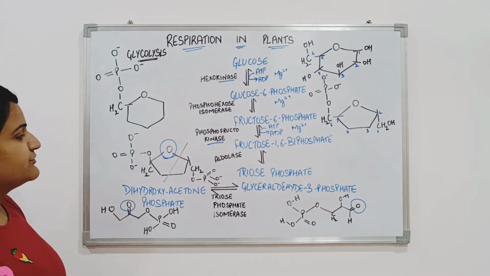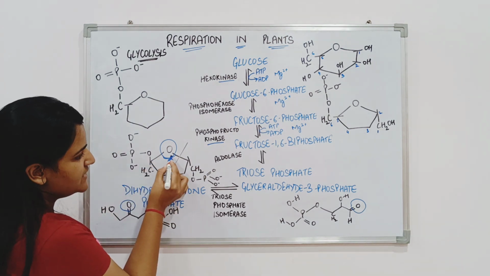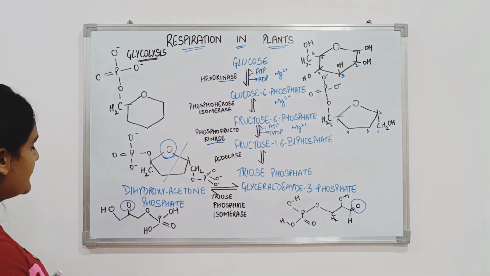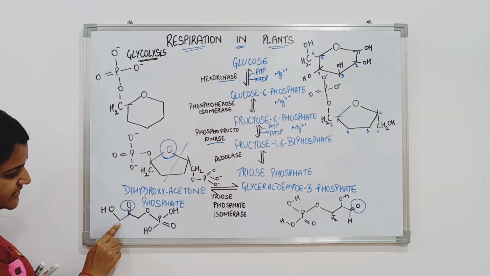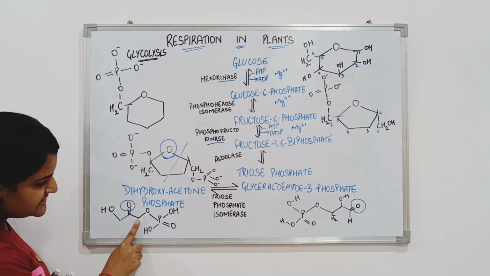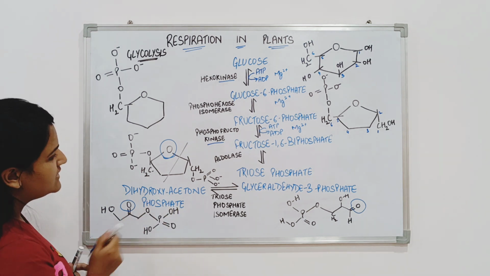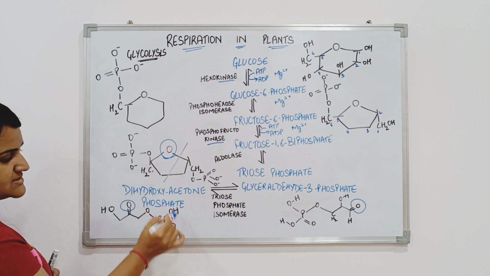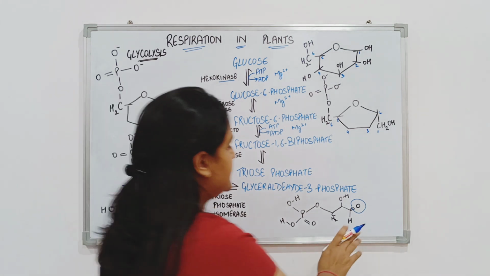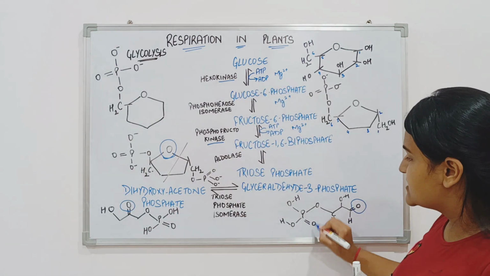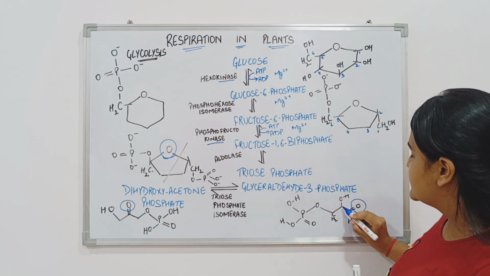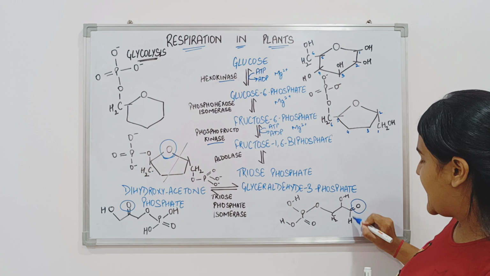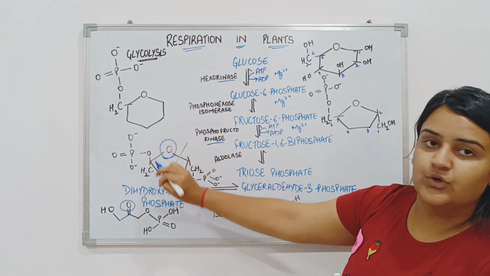So the double bond will be formed with this one also and with this one also. Okay, so this O, then there will be OH, one CH2, and then OH, again CH2, and then there is the phosphate group. Same. Similarly, in this one, phosphate group, and then this CH2, OH, and this double bond O.